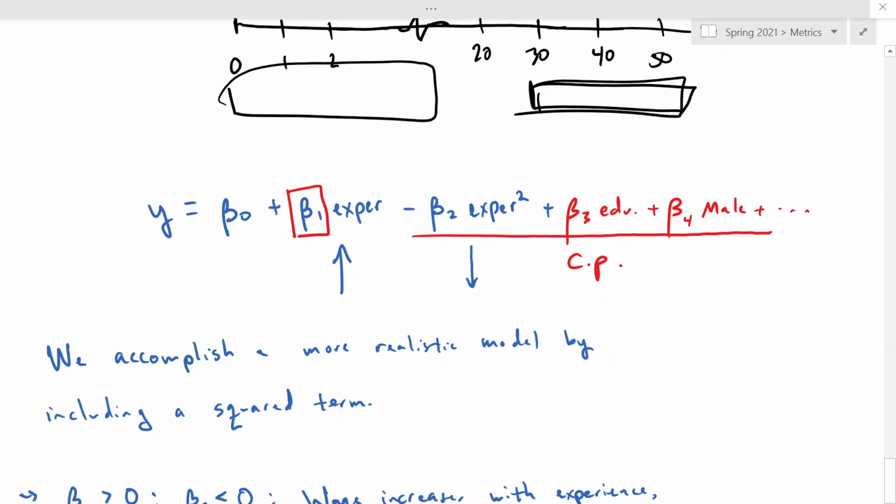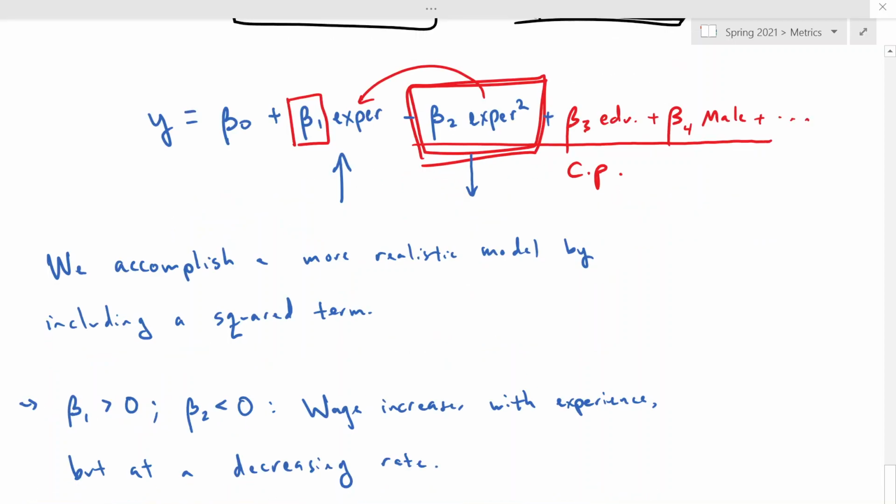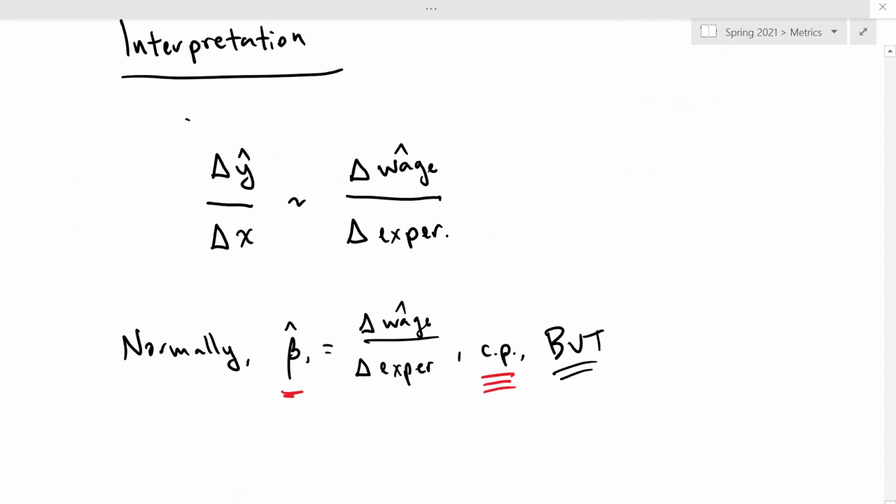but that everything else includes beta 2 experience squared. But you can't hold experience squared constant if you're changing experience. Mathematically, that just doesn't work.